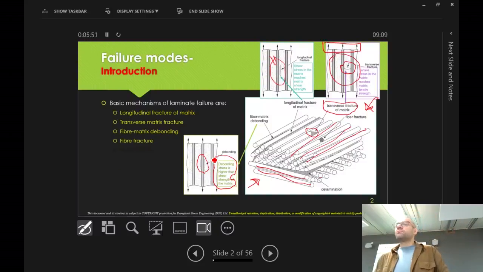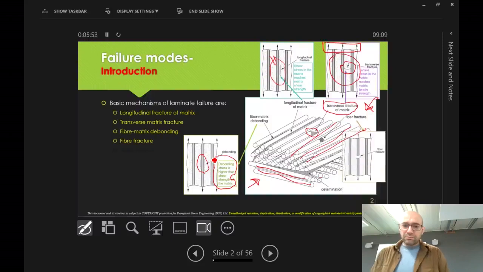Fiber fracture, as you see here, the fiber fractures. The tensile stresses as a result of the loading is higher than the tensile strength of the fiber. Obviously, the fiber fractures.